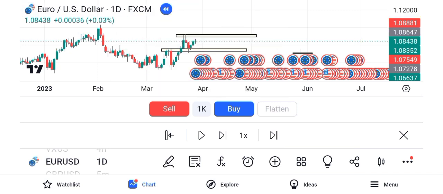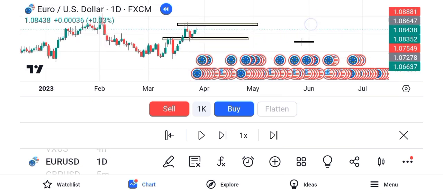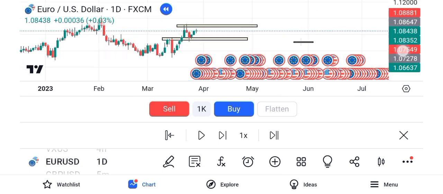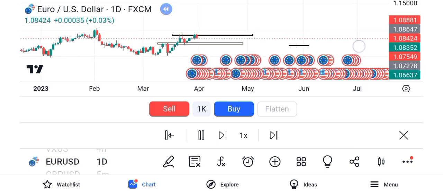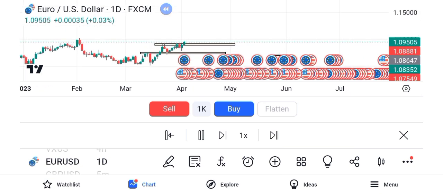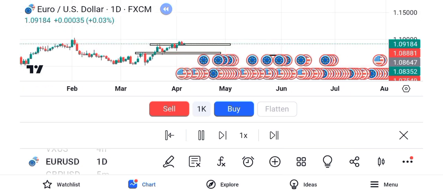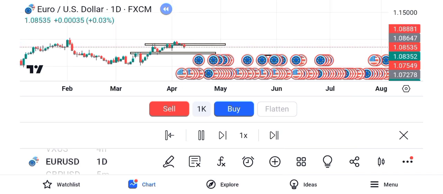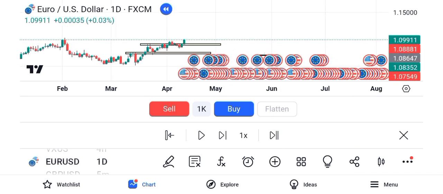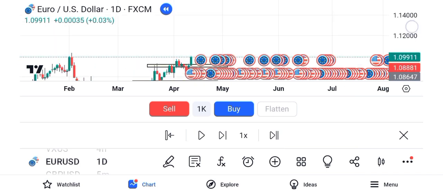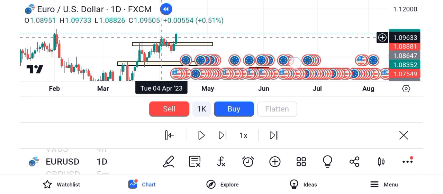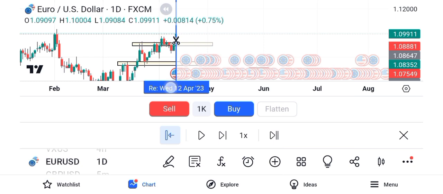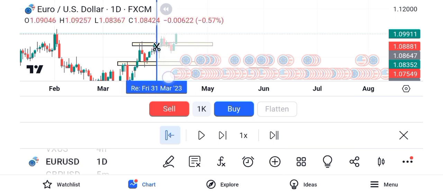We are interested in this swing point here and this particular swing point here. So now let's play. Now we see price pushing upward. I realize that price pushed upward here. So let me try and reverse it back here for you to see.